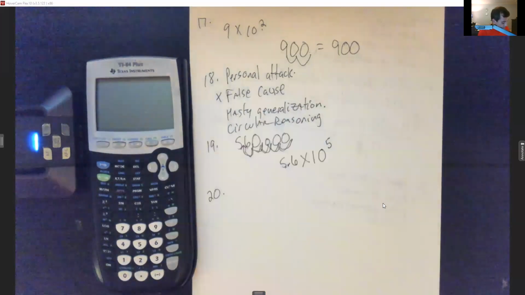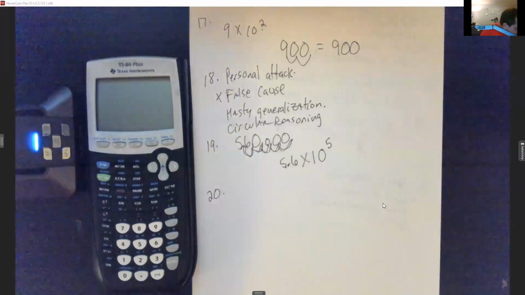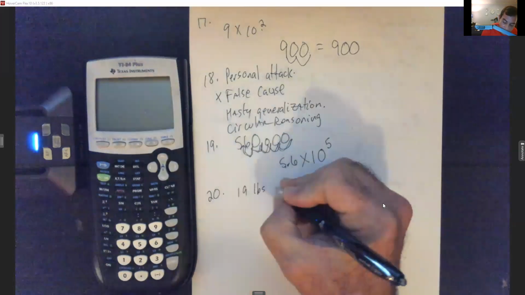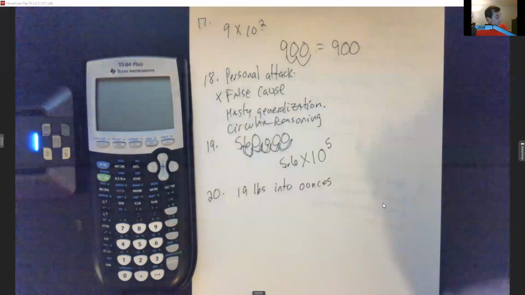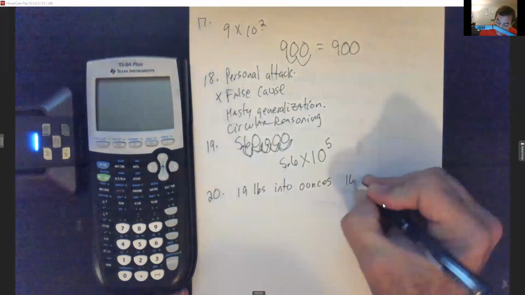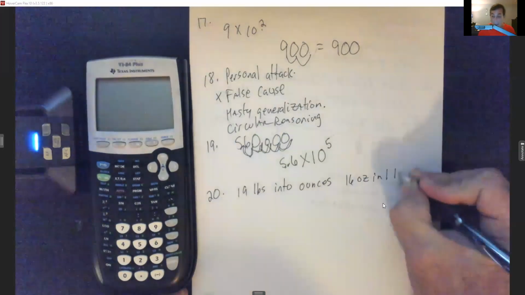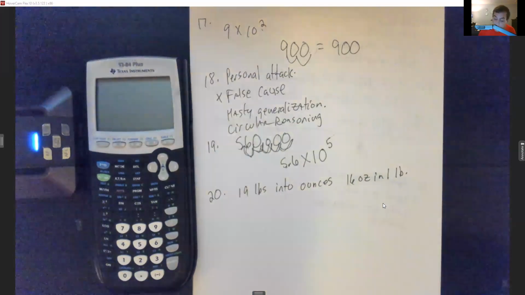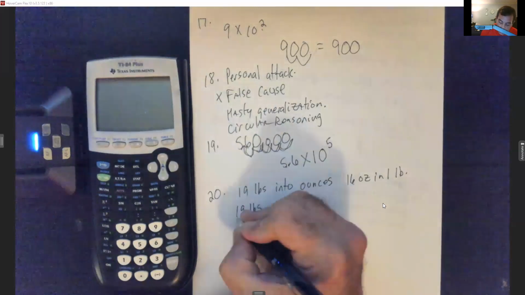All right, y'all, 20. Convert a weight of 19 pounds into ounces. And they tell me there are 16 ounces in 1 pound. Okay? Well, we knew that, right? All right, so let's see. What they started with was 19 pounds.